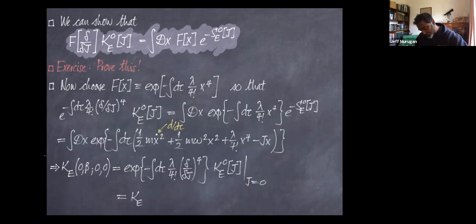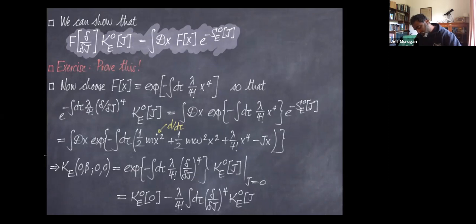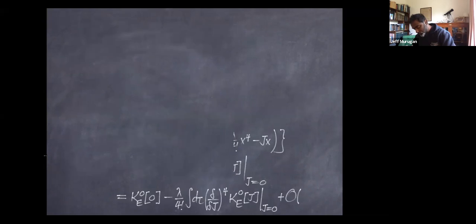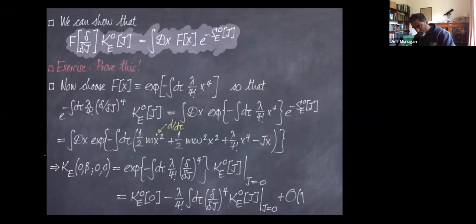from the first term, K_E^0 at J equals 0. From the second term, we would expect a lambda over 4 factorial integral over tau, delta by delta J to the 4, acting on K_E^0 at J, and then evaluated at J equals 0, and then I would expect some higher order terms in lambda, so lambda squared at least.